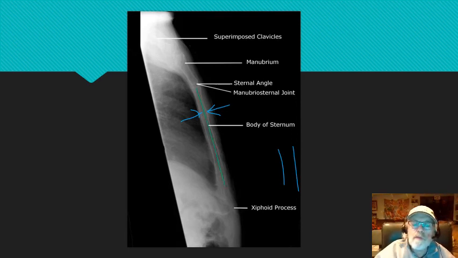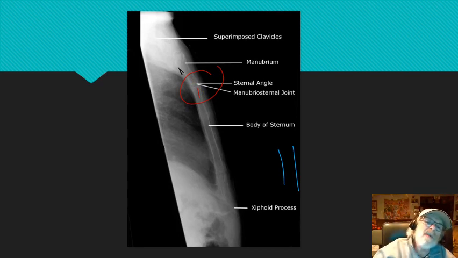So I have cortical bone on the outside, an outer plate, and cortical bone on the inside, the inner plate, and the green area right down the middle is the cancellous bone, which is that flat type of bone configuration. You can also see the gap right there. That's the area of the sternal angle. This area up here is the manubrium, and this is the body. So that's what we see with the sternal angle.